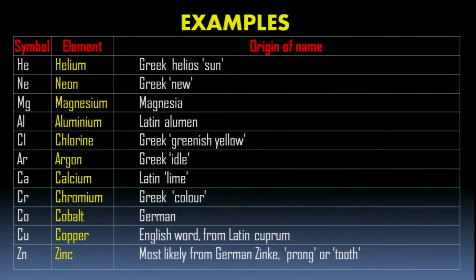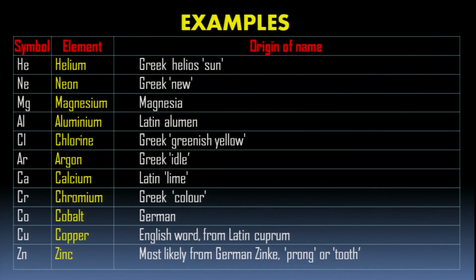Even if some of you are interested in general knowledge, you can have this for your general knowledge. If not for your exam purpose, you can use it for general knowledge or some other important exams you will be appearing for. You may need this. So, children, it's better if you make a note of it. Then comes chlorine, from the Greek word for greenish yellow.